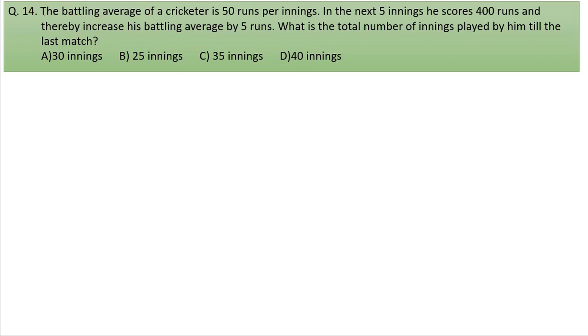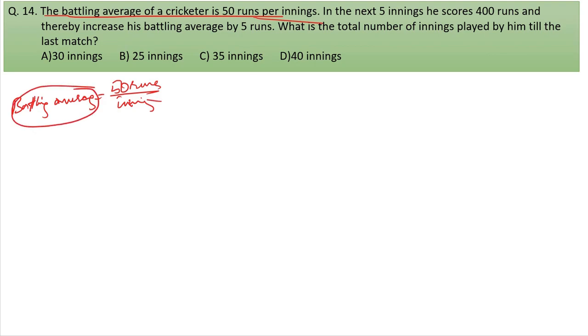Please watch. The batting average of a cricketer is 50 runs per inning. Here in this question, it will be batting ratio, batting average is equal to 50 runs per innings. Here our diagram will be batting average and inning.